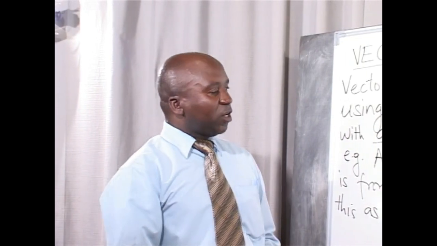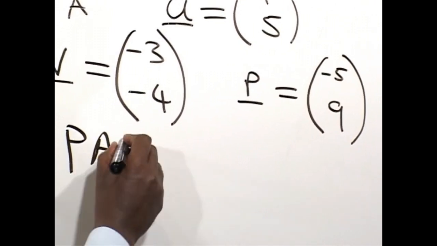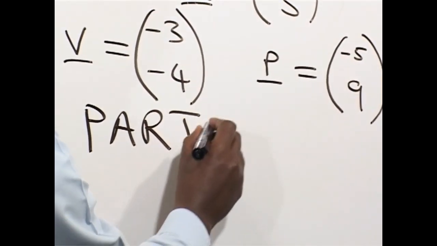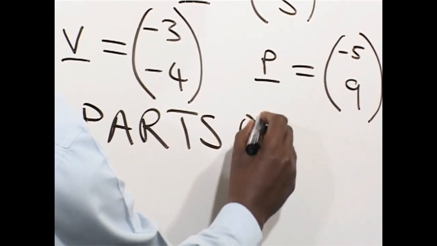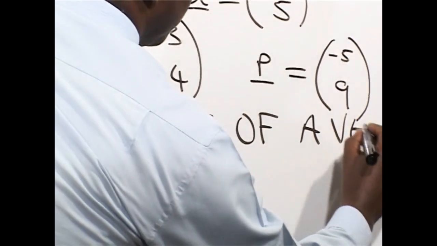Now, let us see the parts of a vector. We say the vector is a directed line segment.